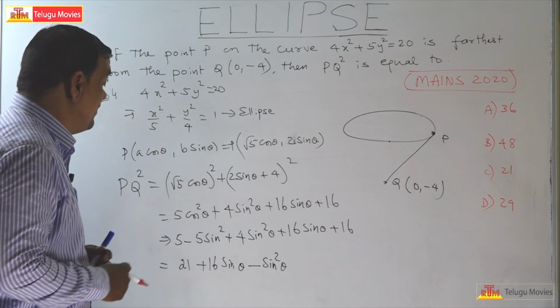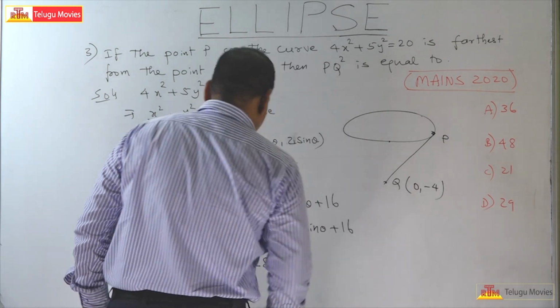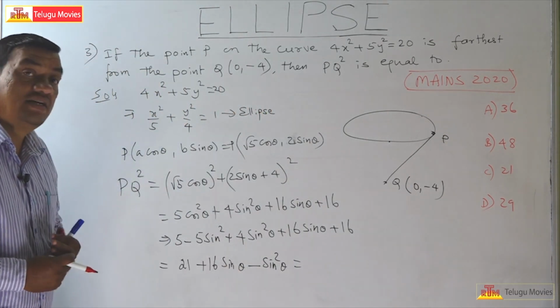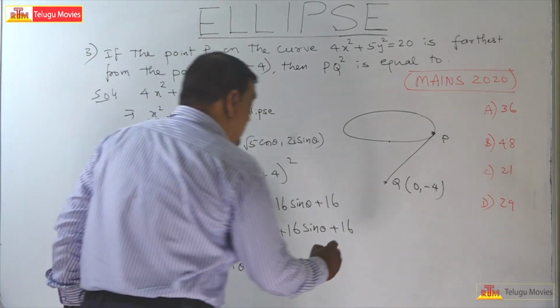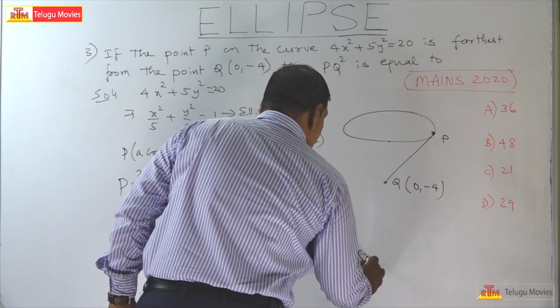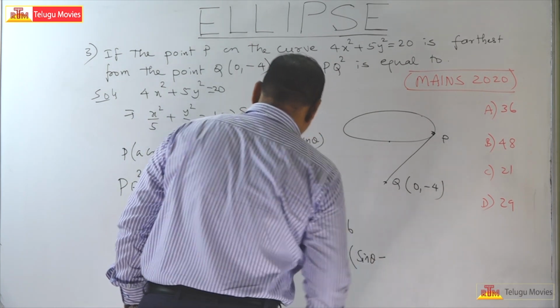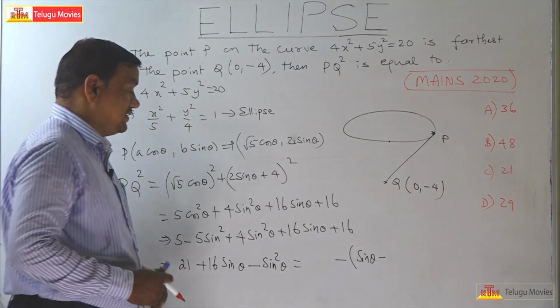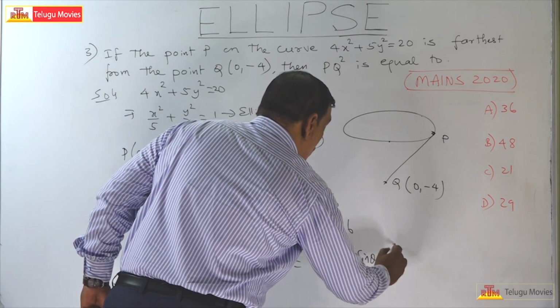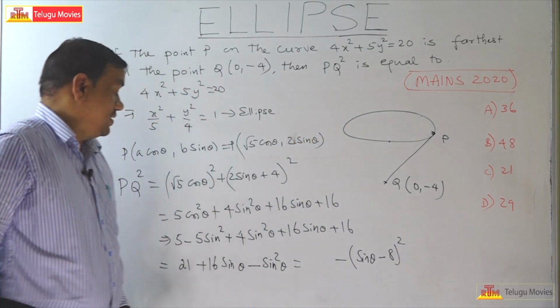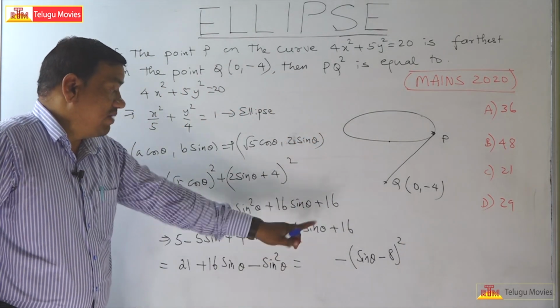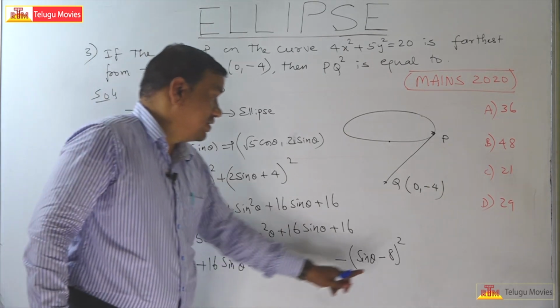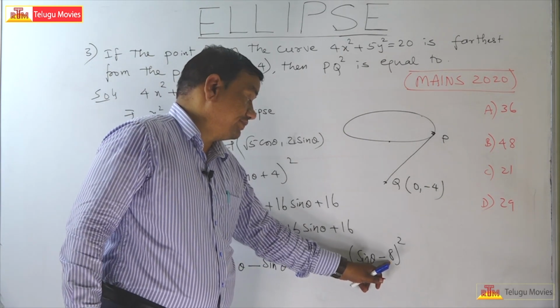So this can be written as, see here, minus sin theta minus 8 whole square. Can I write it as minus sin square theta, minus 2ab?